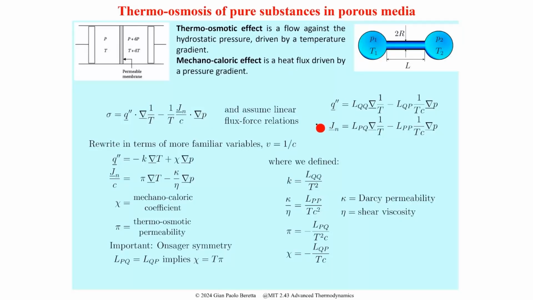And if you divide the flow of particles by the concentration, you get a volumetric flow rate. So this is cubic meters per second per square meter flowing.